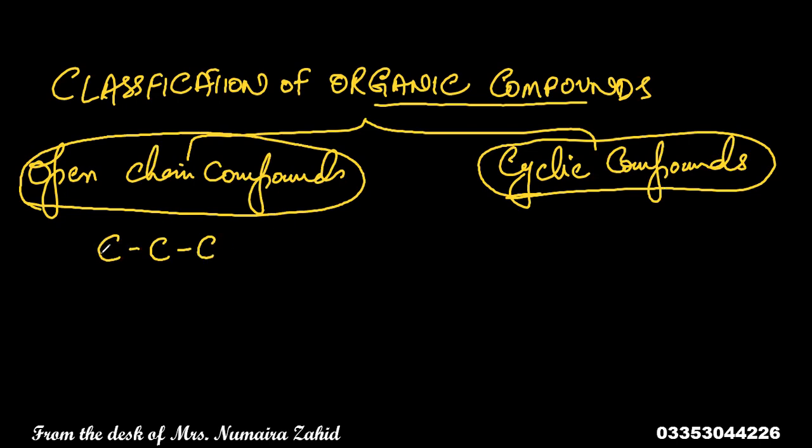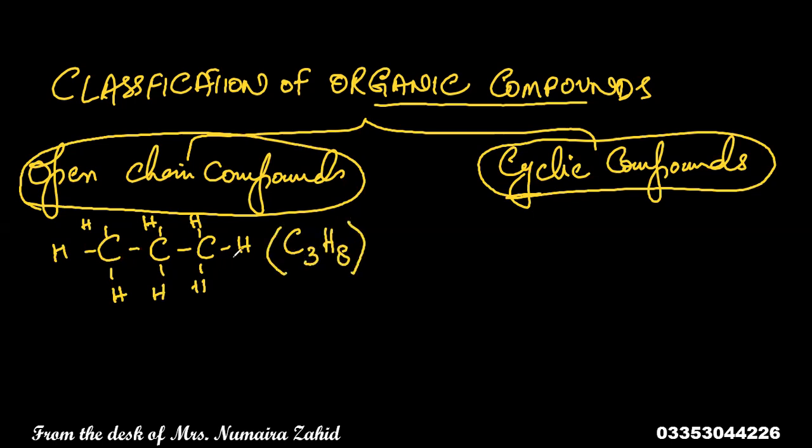Okay, so this is propane with 3 carbon atoms and 8 hydrogen atoms. This is open chained because the first carbon is not connected with the last carbon.